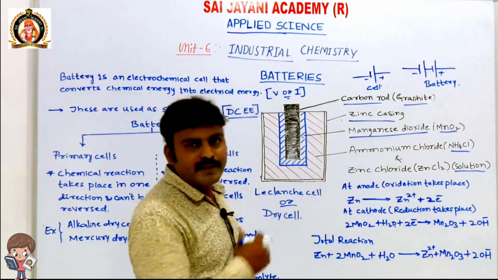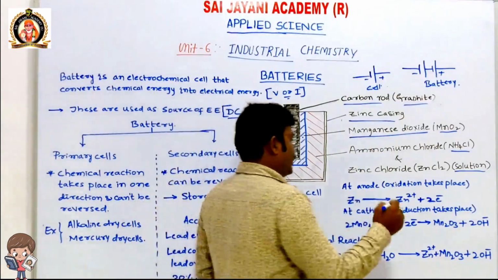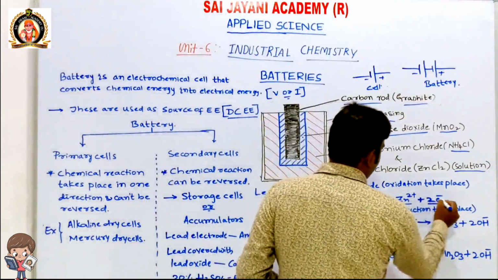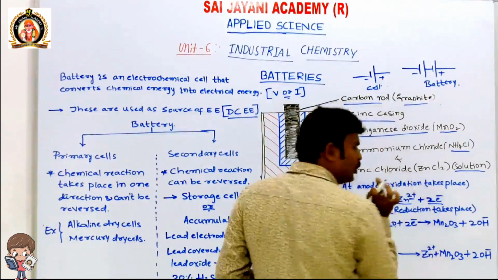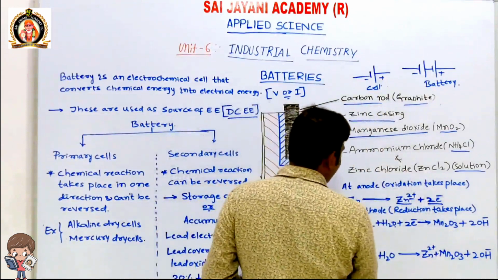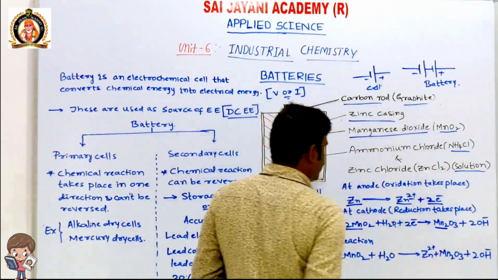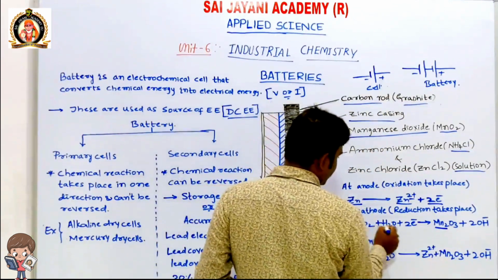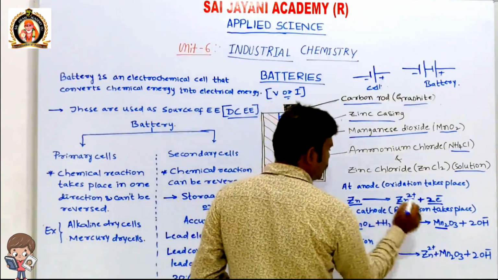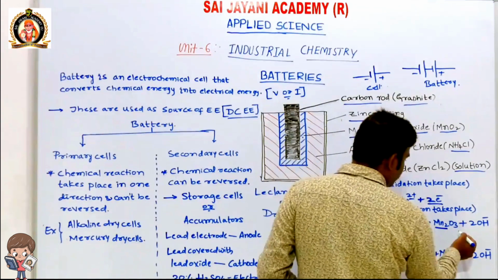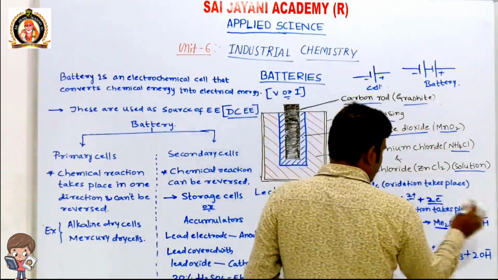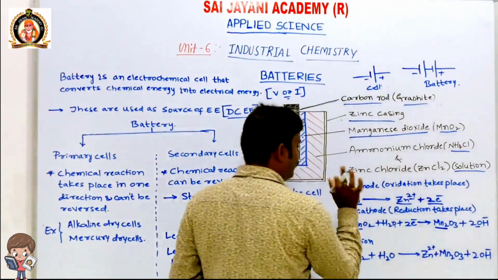Okay. Let us see whether these equations are balanced or not. So here one zinc is there, here also one zinc is there. Two electrons are there, and here we have got 2 plus, so we can tell it is balanced. Here 2 manganese, here also 2 manganese. Oxygens: 2 into 2, 4, plus 1 oxygen, 5 oxygens. On the right-hand side, 3 plus 2 oxygen, so 5 oxygens, here also 5 oxygens.